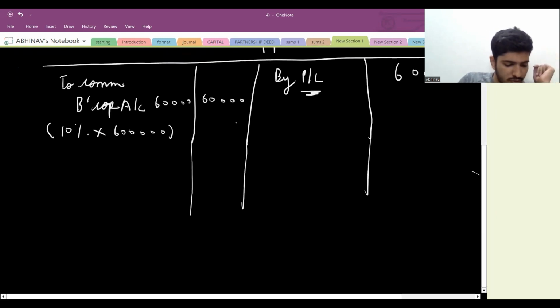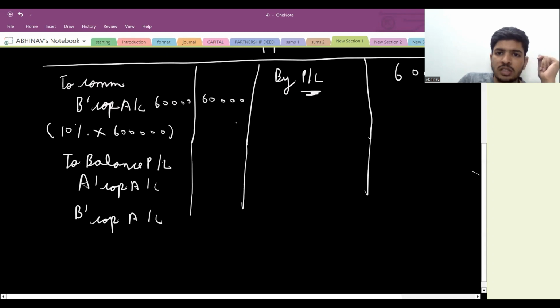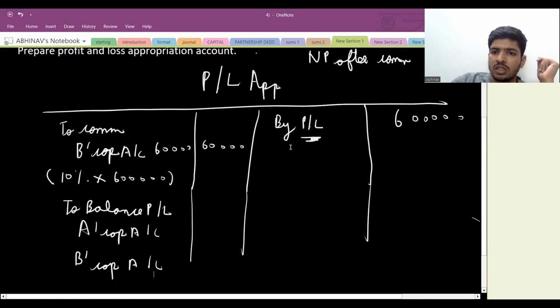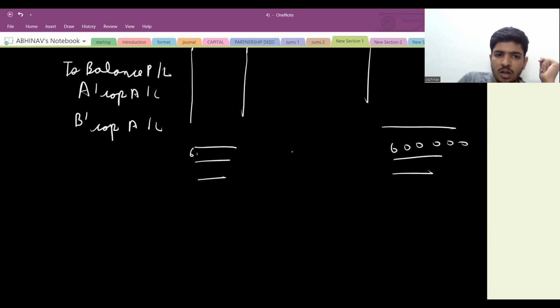Then now balance profit. Transfer to A's and B's account, A's capital account, B's capital account. Simple, we can see that only this side is more. 6 lakh is there, so directly we write 6 lakh here, and on this side also we write 6 lakh.